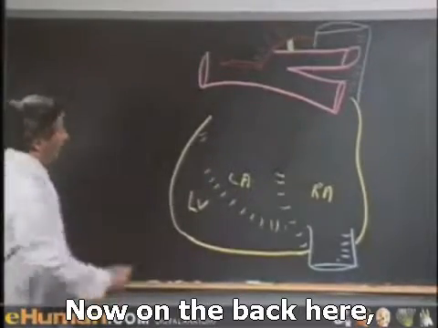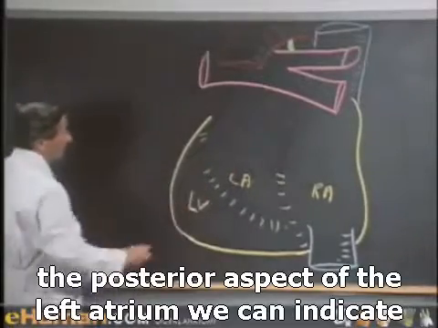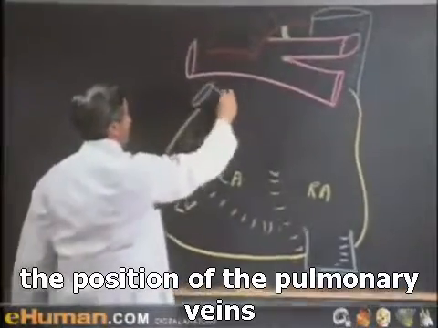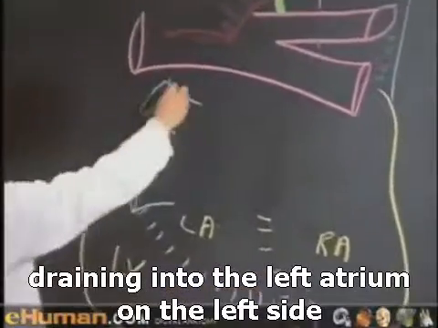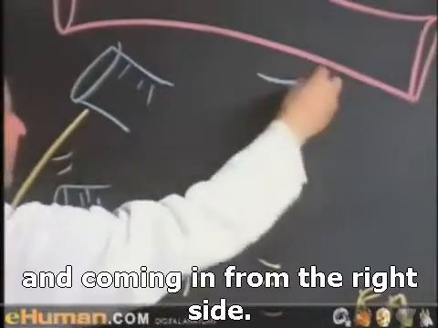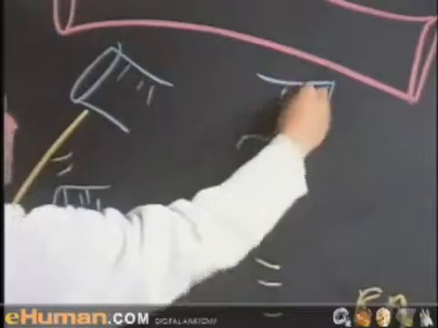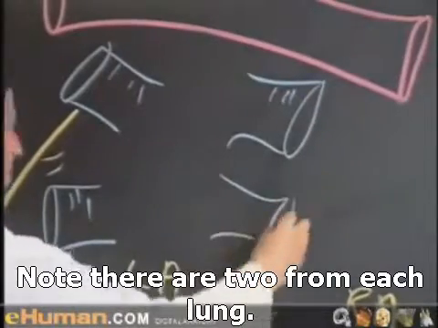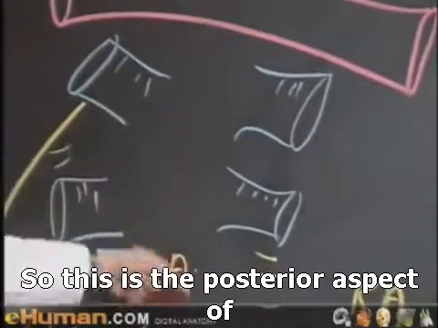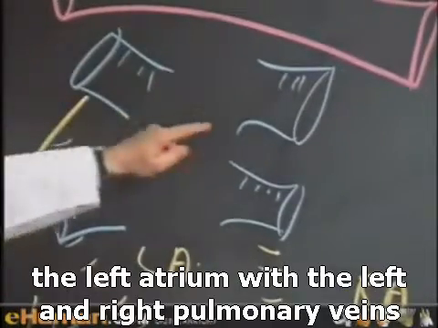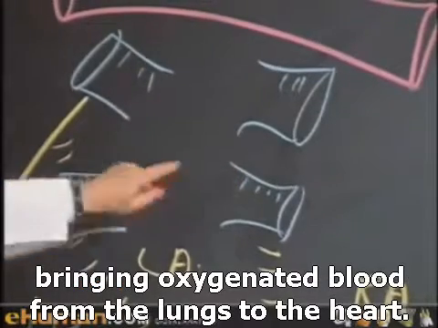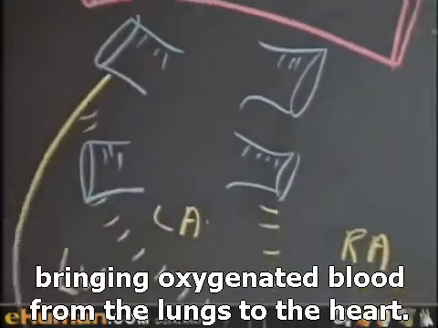Now on the posterior aspect of the left atrium, we can indicate the position of the pulmonary veins draining into the left atrium, from the left side and coming in from the right side. Note there are two from each lung, so that this is the posterior aspect of the left atrium with the right and the left pulmonary veins bringing oxygenated blood back from the lungs into the heart.